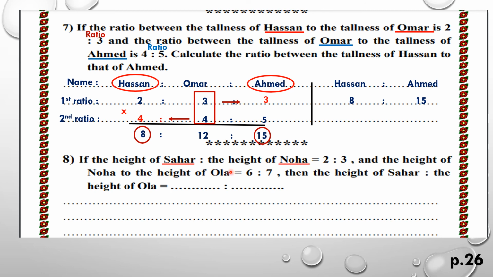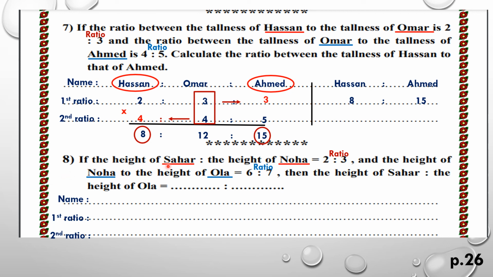Number 8. If the height of Sahar to the height of Noha equals 2 to 3, and the height of Noha to the height of Ala equals 6 to 7, then the height of Sahar to the height of Ala equals what? Here we have two ratios. We are going to solve using the form of name, first ratio, second ratio.